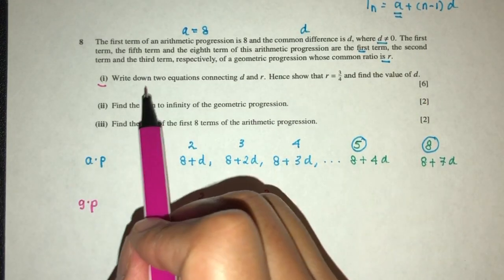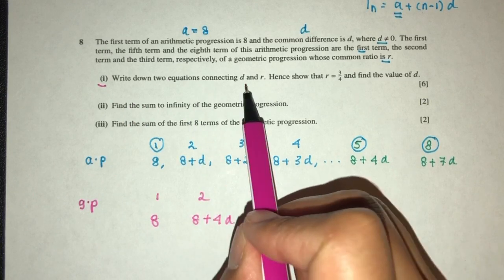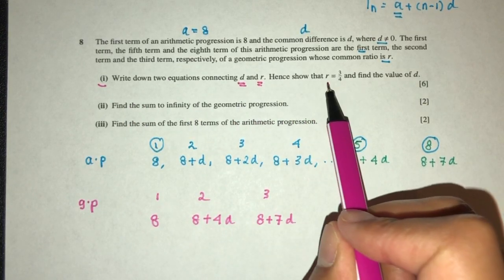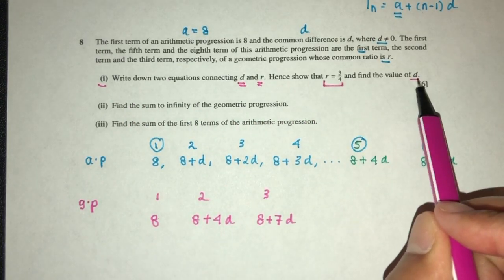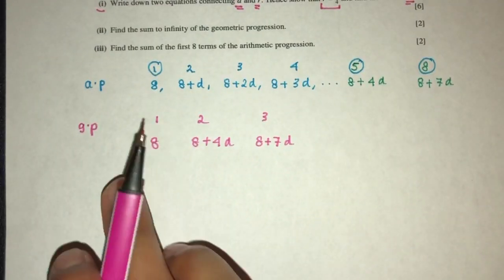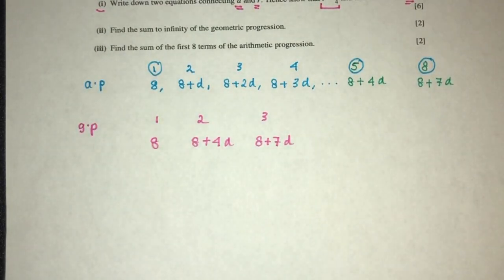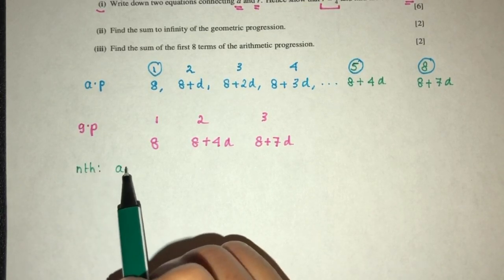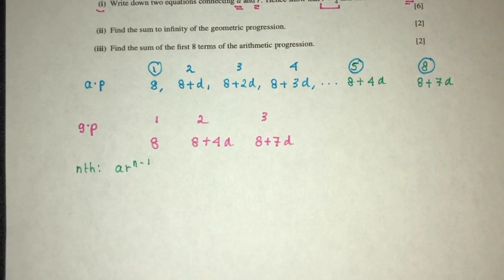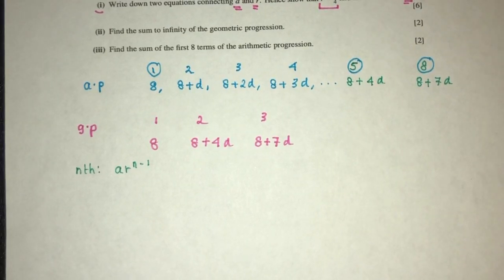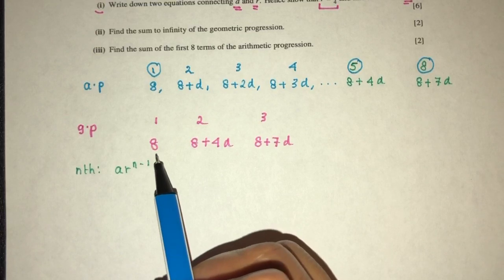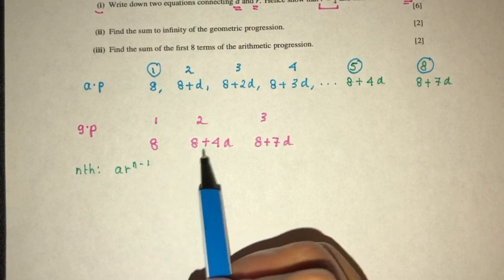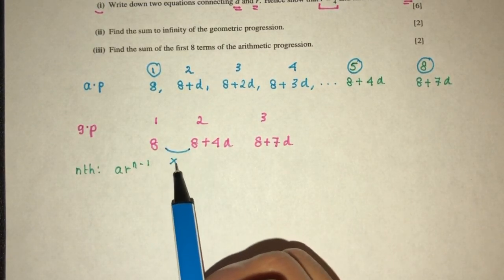Part 1. We have to write down two equations connecting d and r. Hence, we have to show this is the value and then find the value of d. So pretty easy. Since we have this right now, we can connect them by an equation. Something we have to know is that the nth term in a GP is a r to the n minus 1, right? Or even easier, from the first term, how do you get the second term? You multiply by r.